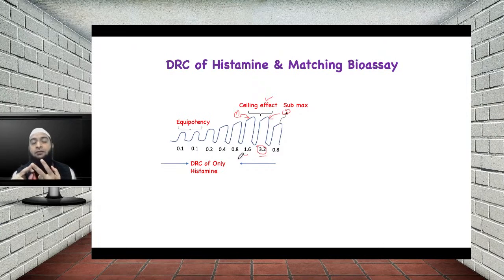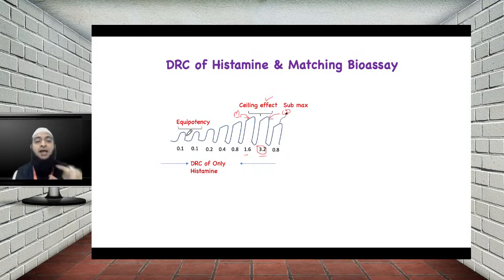When selecting the test dose, remember that the height of the test response must be bigger than the smallest response of the standard, and lesser than the biggest response of the standard. Here the biggest response is 1.6, and the smallest response is of 0.1. So whatever dose we select, I am talking about the response height, not the dose.